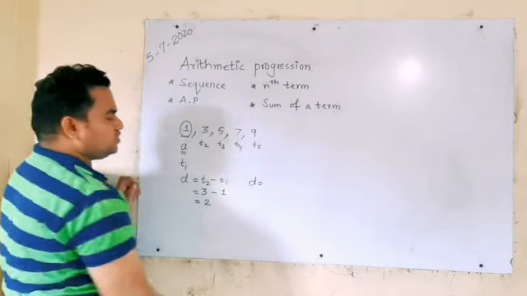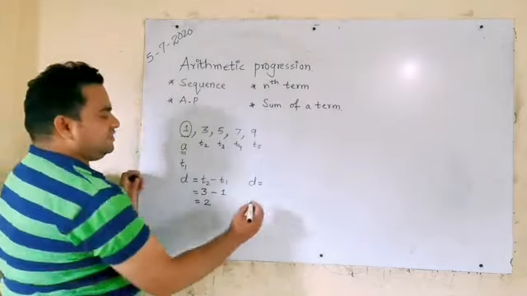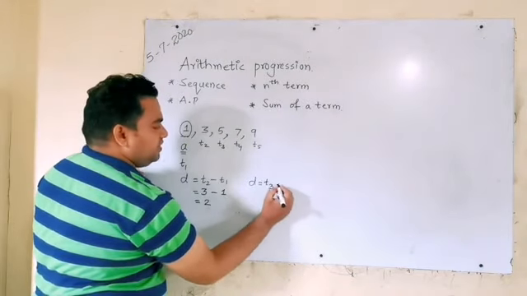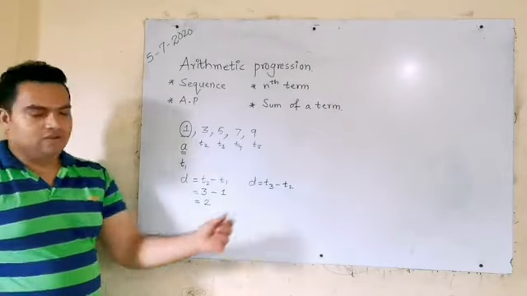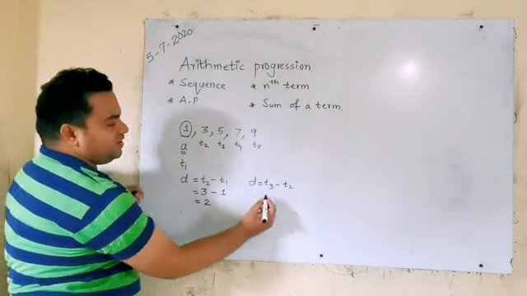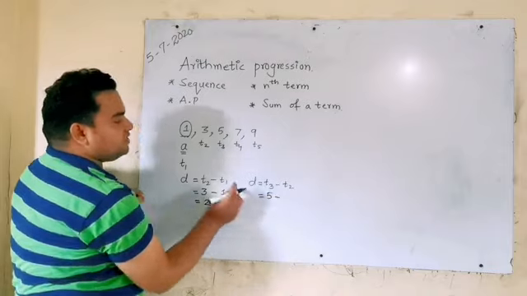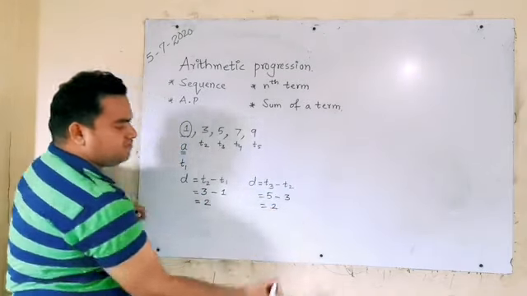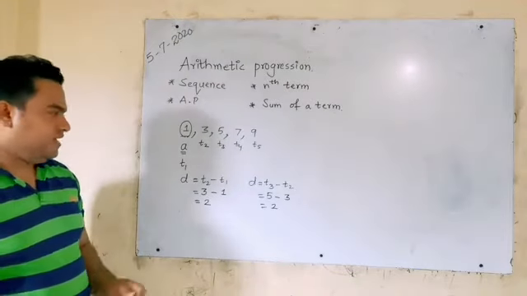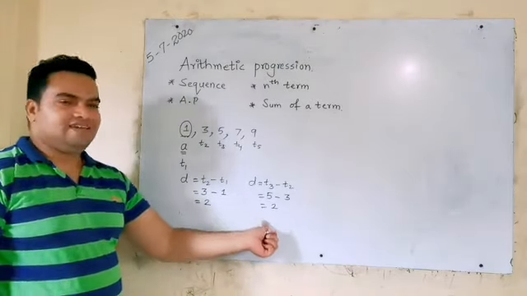D is equal to, now find for T3 minus T2. It means term 3 minus term 2. So what is term 3 here? 5, minus what is term 2 here? 3. So what is the answer? 5 minus 3 is 2. Yes, it means the two differences are the same.